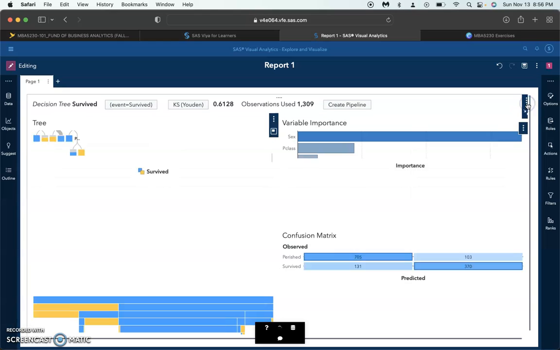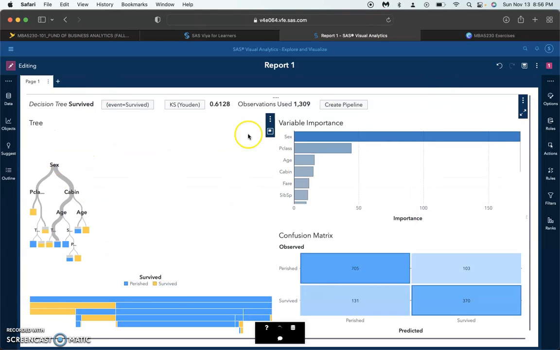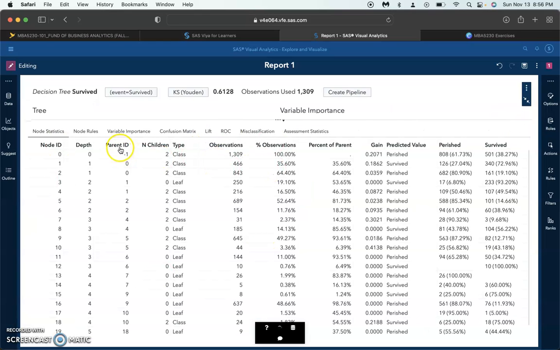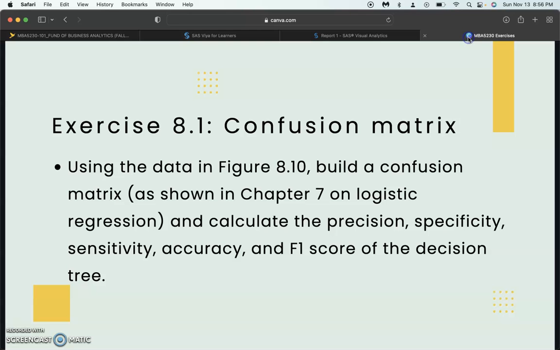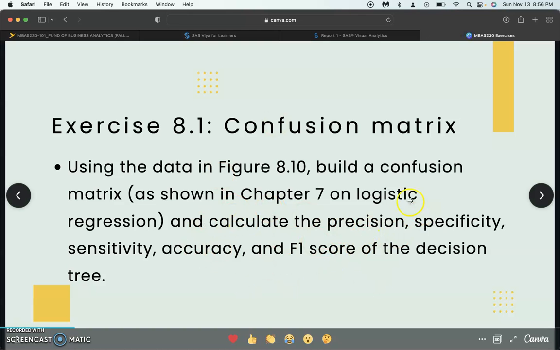Going out of this, we are going to focus on this decision tree right here. We are going to maximize the view, looking back on it, and we're going to look at the assessment statistics, and you can see right here the specificity, sensitivity, accuracy, and F1 score of the decision tree.